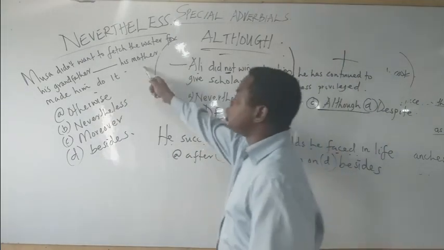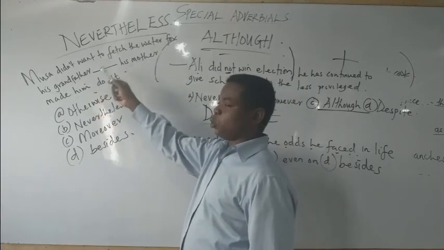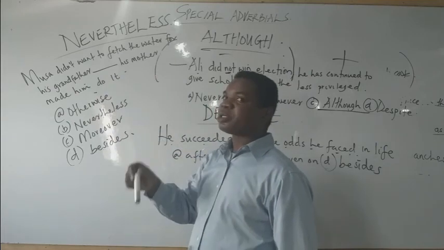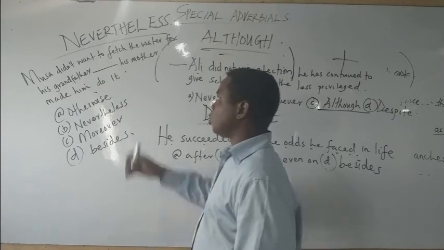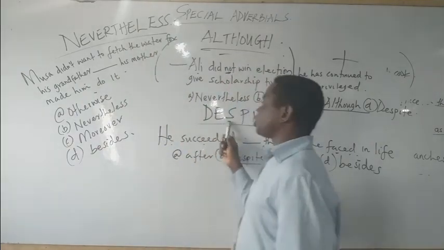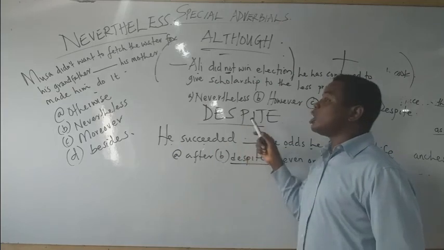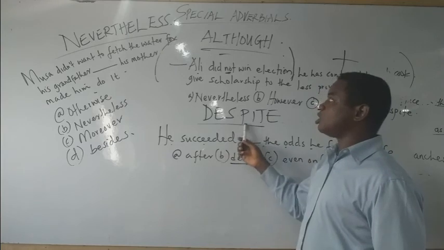Can you see that? His mother forced him to fetch the water. When an action is imposed on a person against his or her wish, what is used in that instance to capture the meaning is nevertheless. When an action occurs against one's wish, that is, we do not expect it, but it occurs against our wish, it is despite.